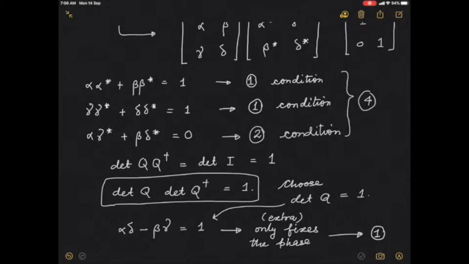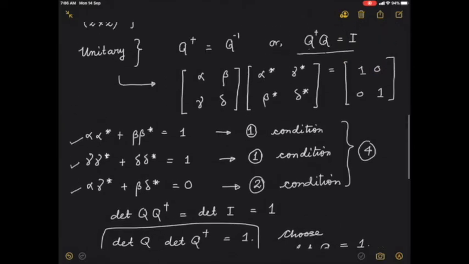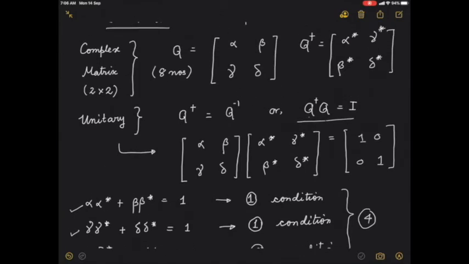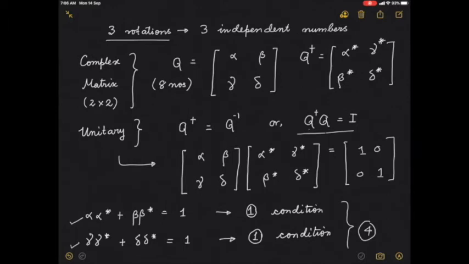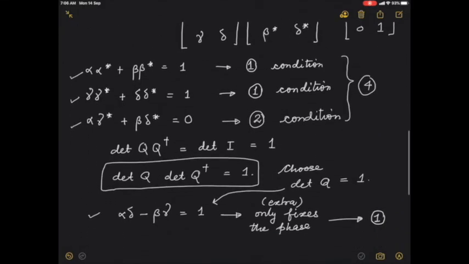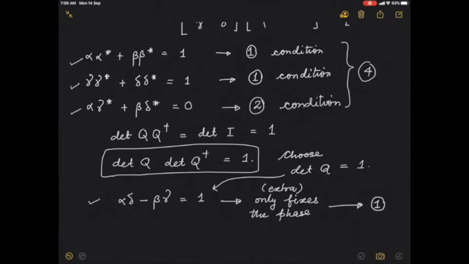So which means now, using these 5 conditions, using these 4 complex equations which have 5 conditions, I can identify three parameters, or I can write Q in terms of 3 parameters. So let us see what these conditions give us.